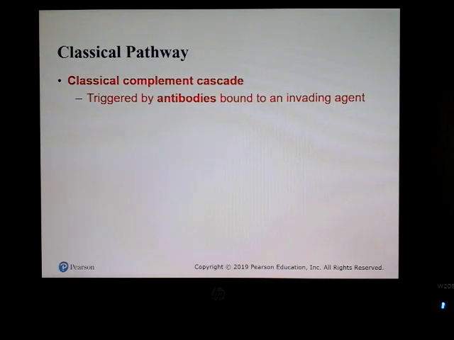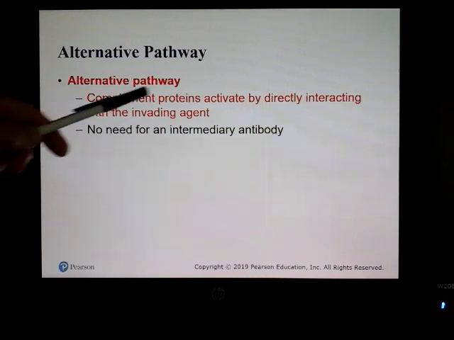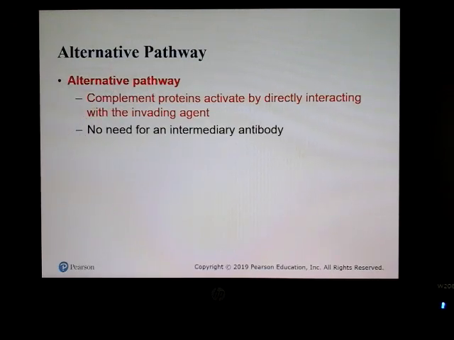Now for the classical complement cascade, please know it's triggered by antibodies that are bound to an invading agent. The alternative pathway, this one's going to be triggered when the complement proteins activate by directly interacting with the invading agent. So it doesn't really require an antibody.